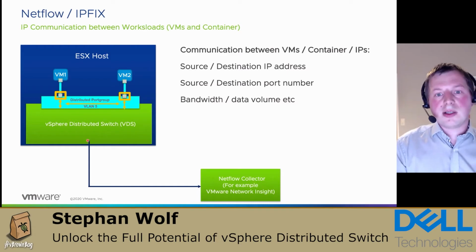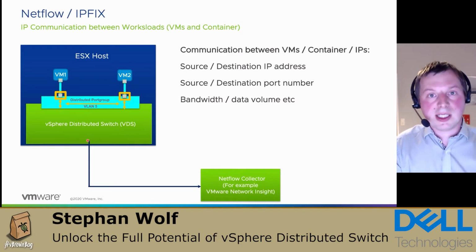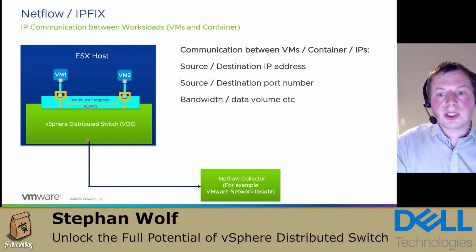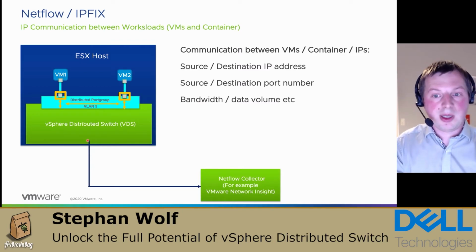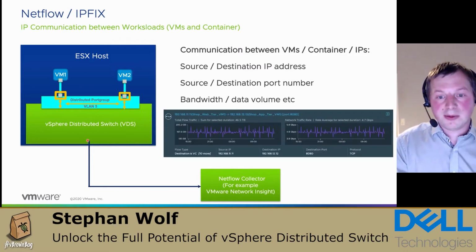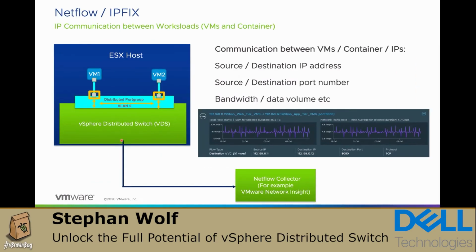then we can export this NetFlow data and see, okay, which is the source IP, which is the destination IP, which is the source port number, which is the destination port number, and bandwidth and volume data. Here's a screenshot from vRealize Network Insight, and it shows, for example, that the IP address 11 speaks with the IP address 12 on port 8080.